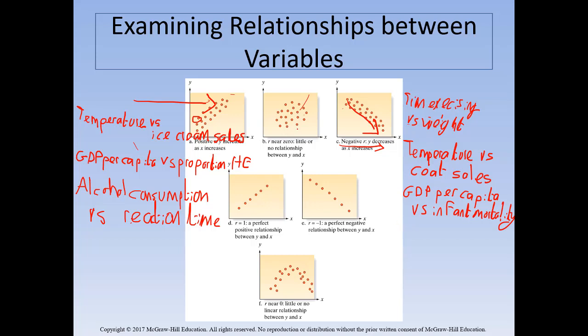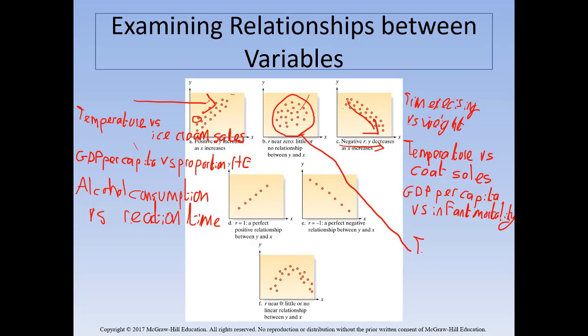Now let's look at zero correlation. These are things that possibly should not be correlated at all. So think of things that are completely and utterly unrelated.